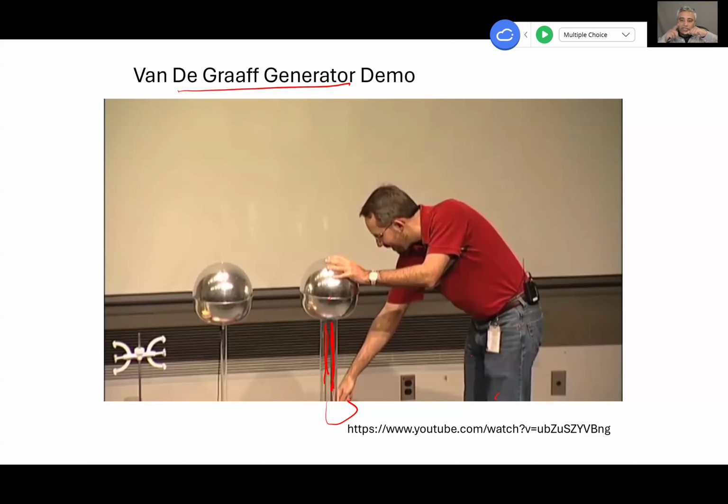So what happens is the comb transfers the charge onto the belt, and the belt eventually transfers charge to this dome because there is also a pointed structure inside here as well, okay? So they are very effective at transferring charge. So they become charged, okay? That means we can say they produce a field around it, or they have potential around that, and so on, when it is charged. So it becomes like a source charge, okay?